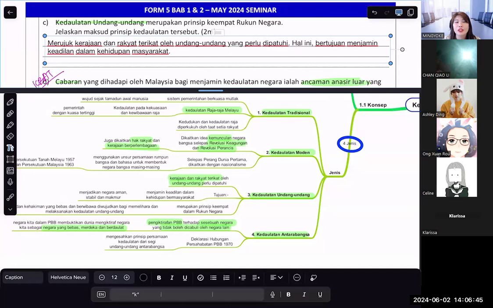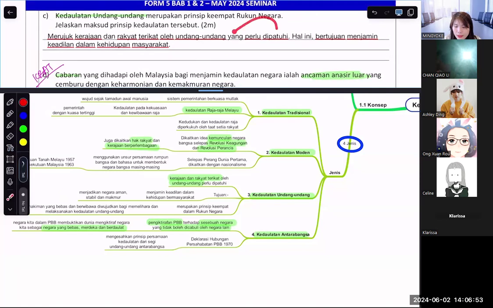Otherwise, if your class teacher says I want kepala soalan, you must write kepala soalan. If not, I minus your marks. Some teachers put ayat tidak lengkap directly 0 marks. Some teachers are a little bit kesian, okay lah, I give you kesian marks, I give you half marks.